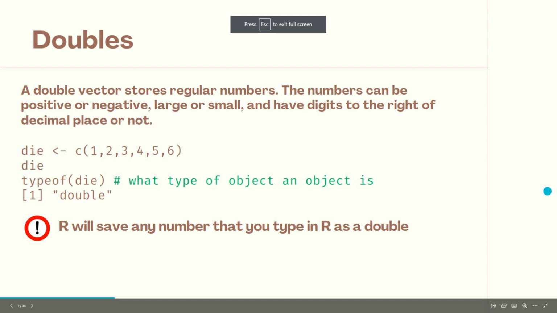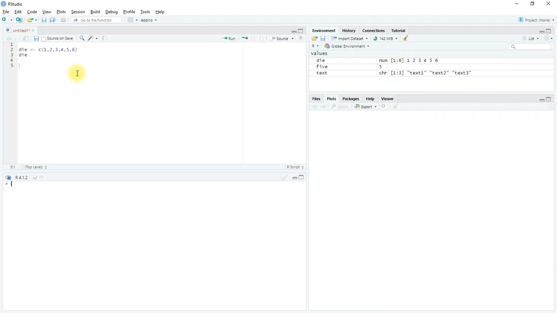So the numbers can be positive, negative, or they can have digits to the right of the decimal place or not. So in general, R will save any number that you type in R as a double. For example, the die object that you see on the screen is a type of a double vector.